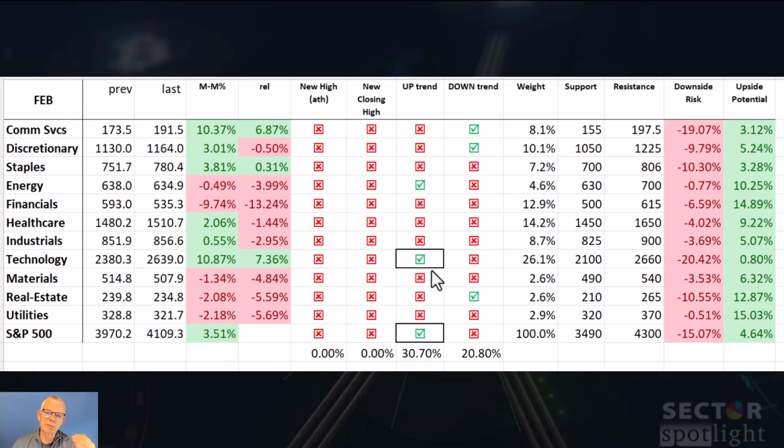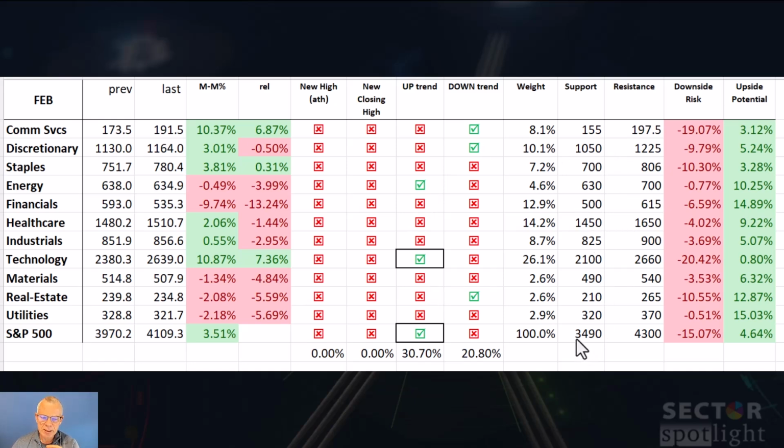With this move of technology going back into an uptrend, we now have almost 31% of the market cap of the S&P in an uptrend, and that's the energy sector and technology. And energy was way over to the right on the RRG, still in a very strong uptrend, no doubt about it. So this is what it is for the individual sectors with the support and resistance levels.